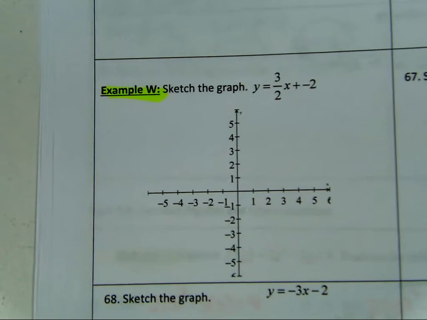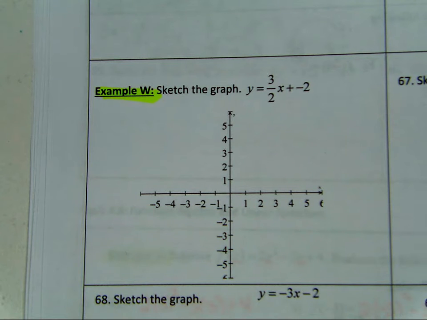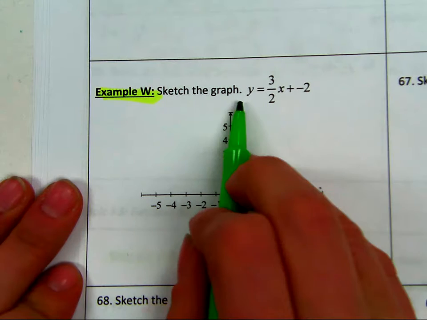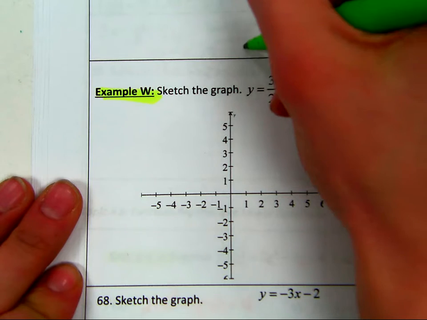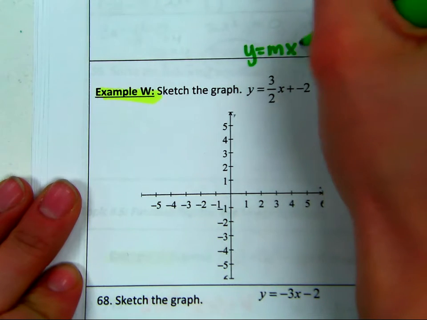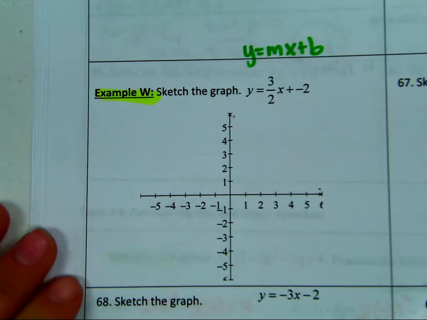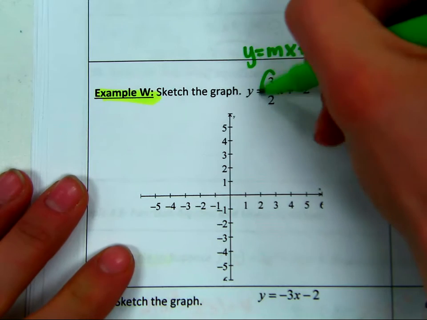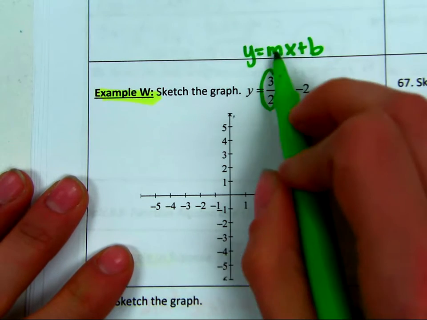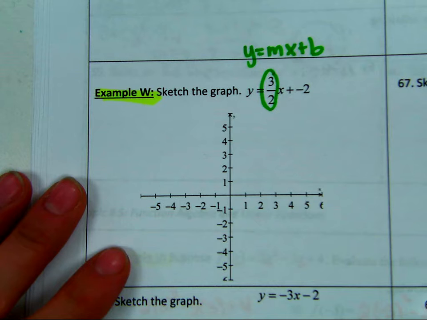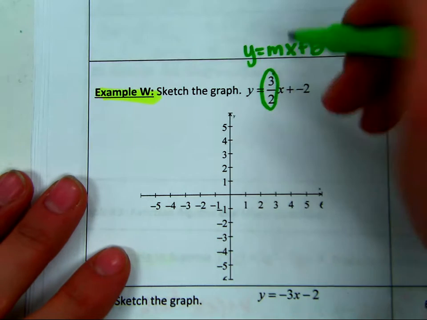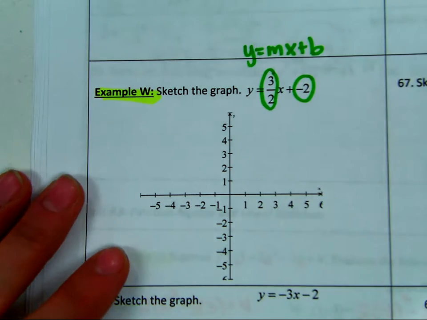Example W is next. It says sketch the graph. And I think you guys know that any equation in the form y equals mx plus b, the number in front of x, that's the m, or your slope. And the b is the y-intercept.